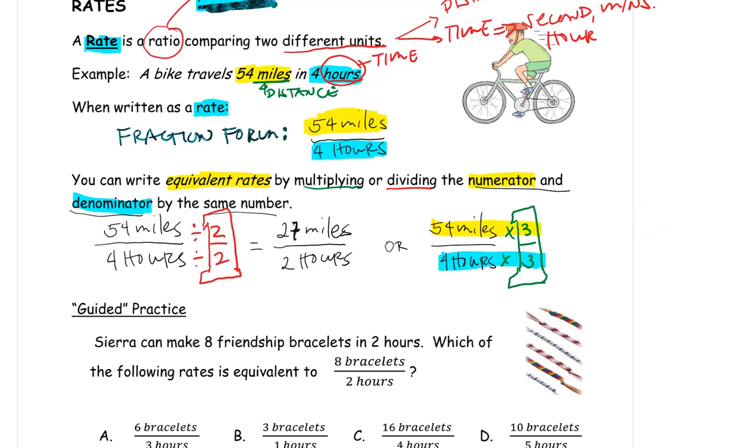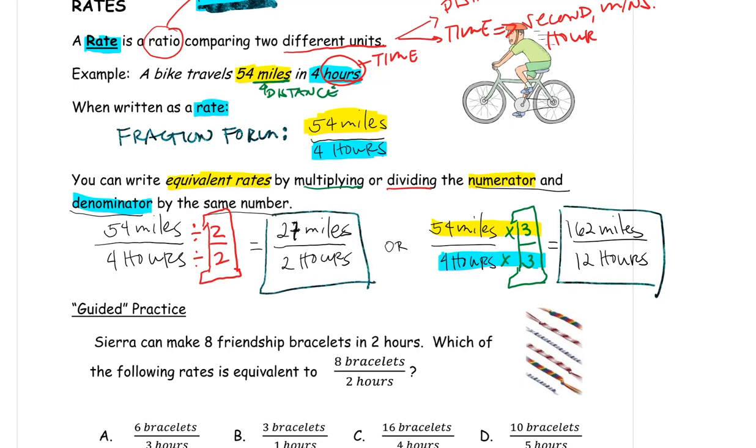Any number multiplied by 1 is the number itself. So that gives me 162 miles all over 12 hours. These are considered equivalent rates. So 27 miles over 2 hours and 162 miles over 12 hours are equivalent rates of 54 miles over 4 hours.